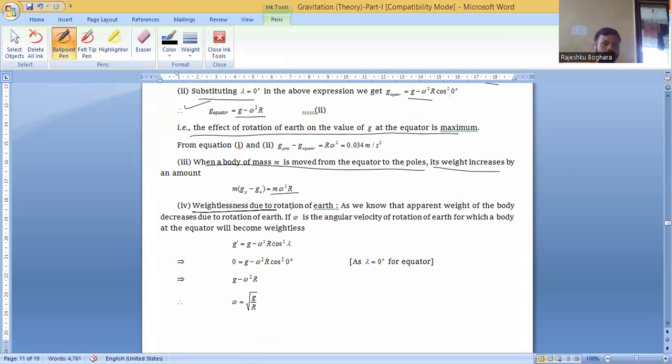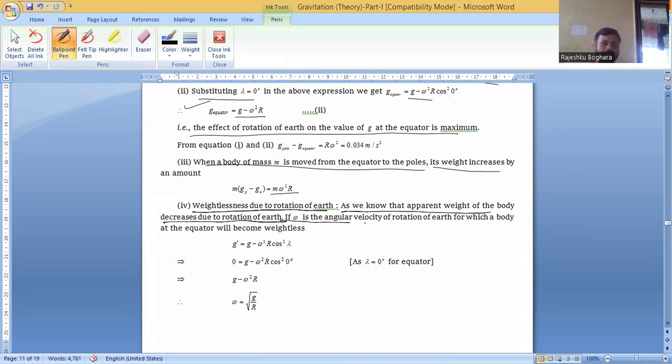Weightlessness due to the rotation of the earth. As we know, apparent weight of the body decreases due to the rotation of the earth. So g dash equal to g minus omega square r cos square lambda.